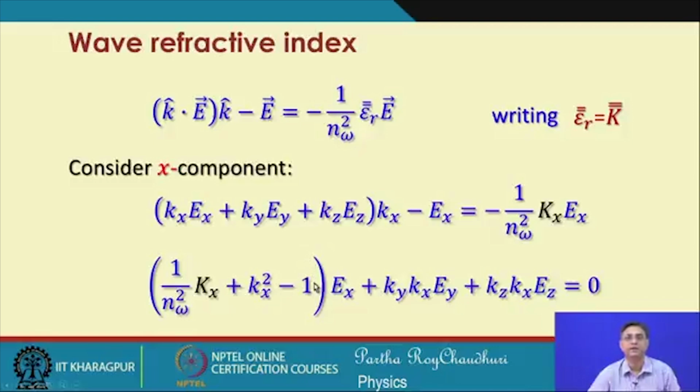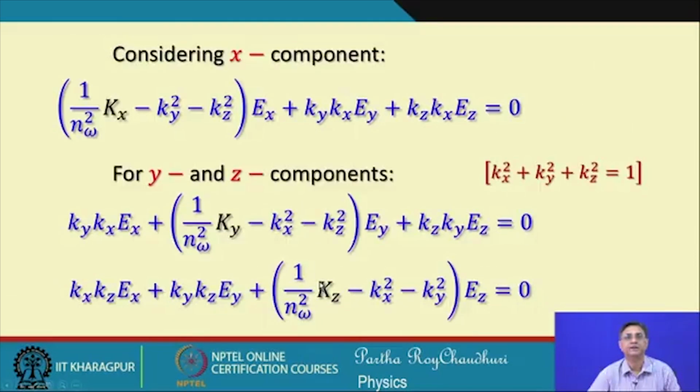For the y and z components, we can write similar equations. So, considering the x component, we have obtained this equation. If we consider the y and z components, we can write two more equations representing them in this form.